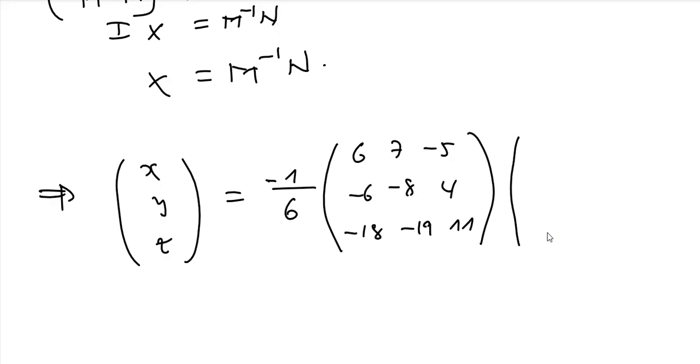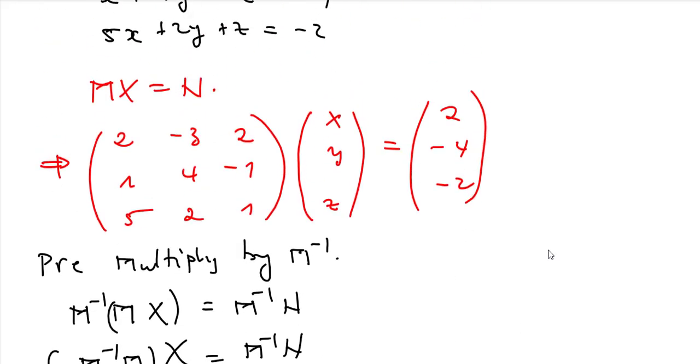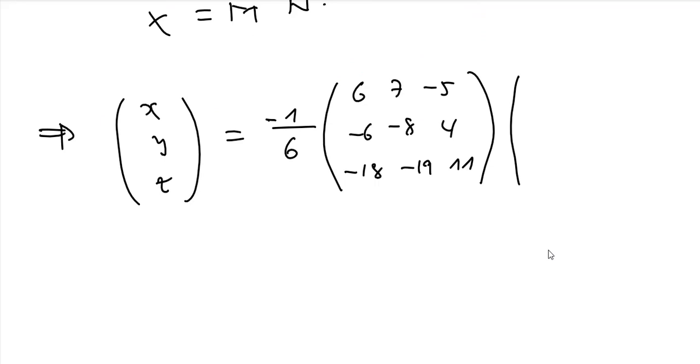So this multiplies our column matrix on the right hand side, which is 2, negative 4, negative 2.